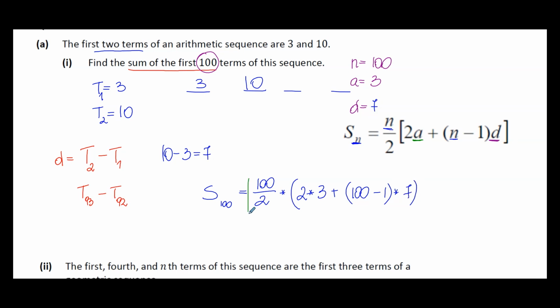And all we have to do, put all of that in the calculator and press equal, and we know that the sum of the first 100 terms will be 34,950. So that was nice and easy.